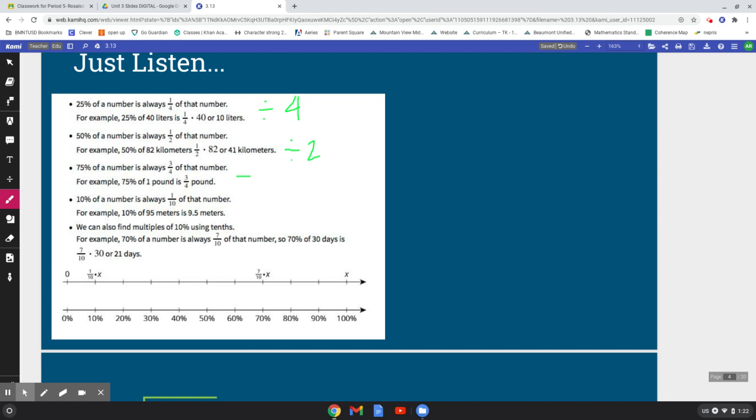So remember we said that you do divide it by 4, that's the denominator, but then you times it by whatever's on the top, which is 3. 10% of a number is 1/10. You would divide by 10. And pretty much that's just common sense for most of it. This is going to be probably the hardest one for you to remember. The rest of it, I feel like you know.